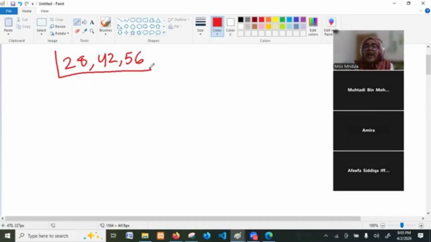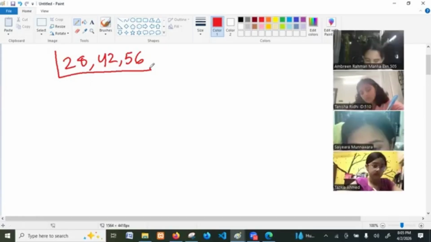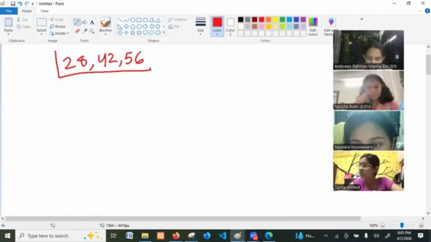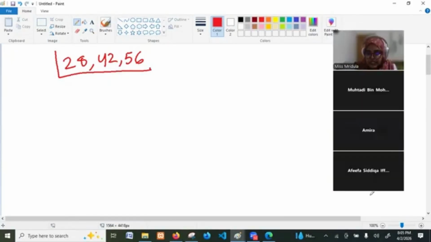So we need to find the common divisor of these three numbers. We will try to find the common divisor of all three, but if it is not possible for all three, we should at least try to find the common divisor of 2, right? So as you can see, 28, 42, 56.